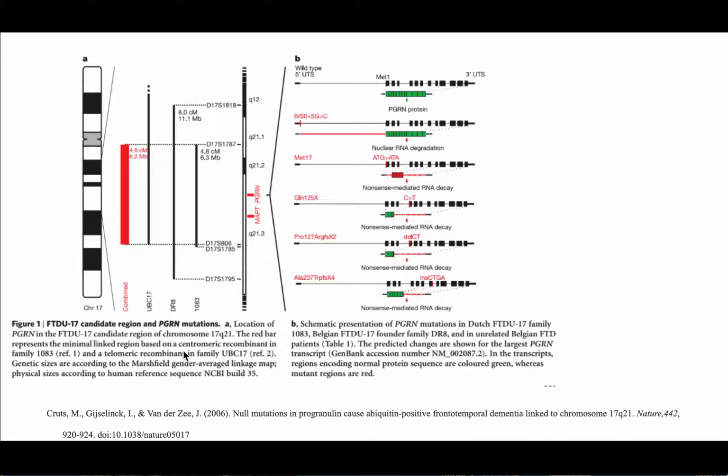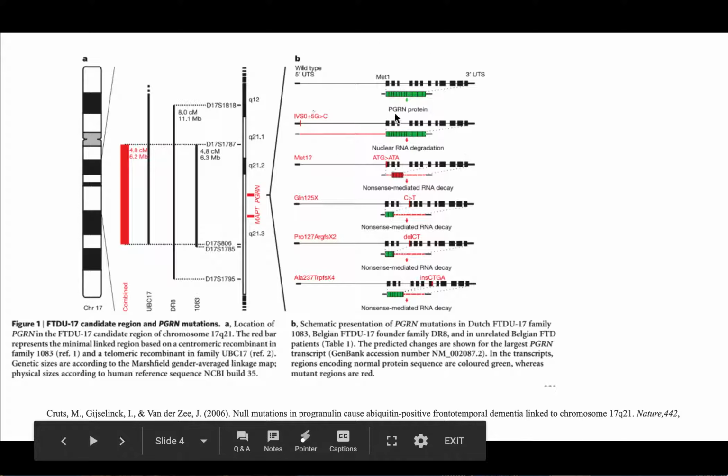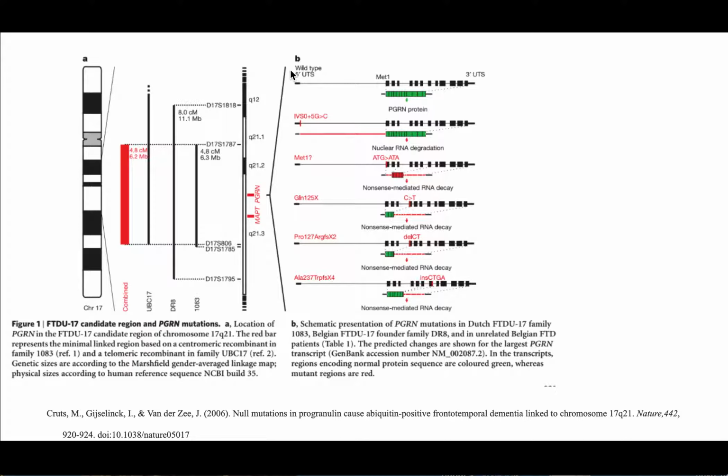And they show you basically the wild type and what we would see with a normal development of the protein of tau. And then it goes through and shows all of the different types of deletions and substitutions that can happen that cause this protein to misfold, causing the aggregates. And then they really focused on the MAPT and the PGRN within chromosome 17.